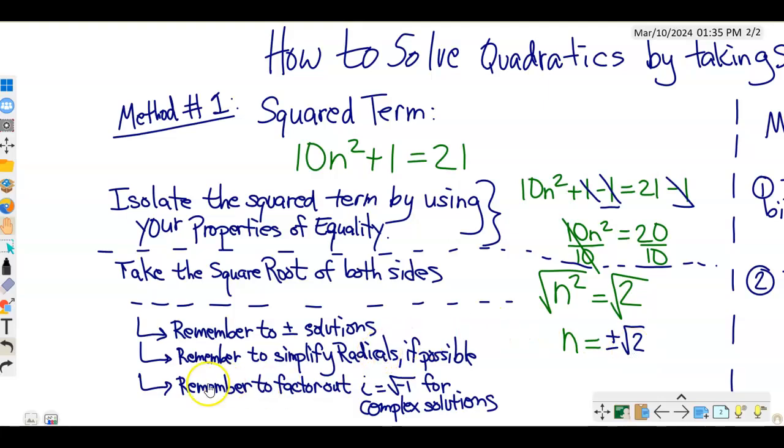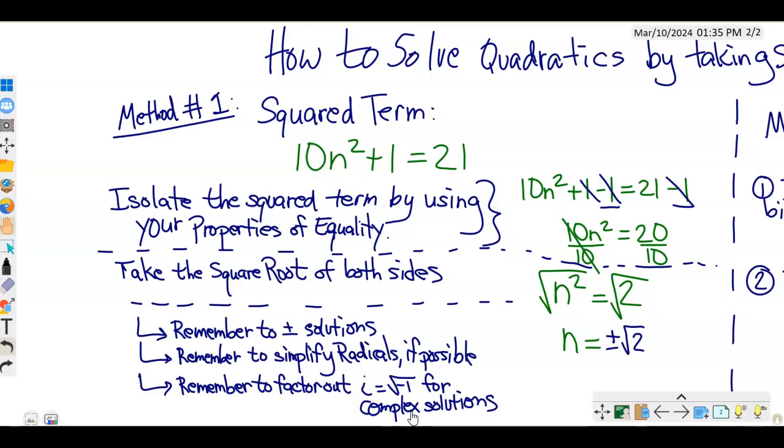And then last but not least, in the cases where we have complex solutions, which remember, imaginary numbers are not on the number line, but they do exist in the mathematics world.